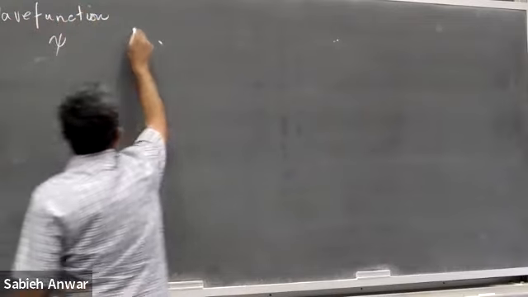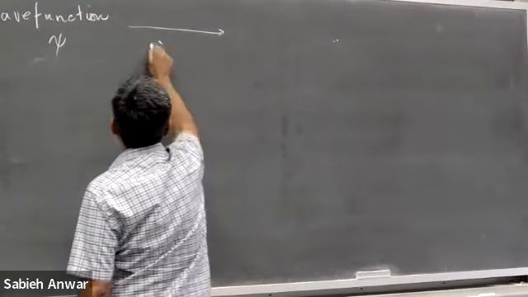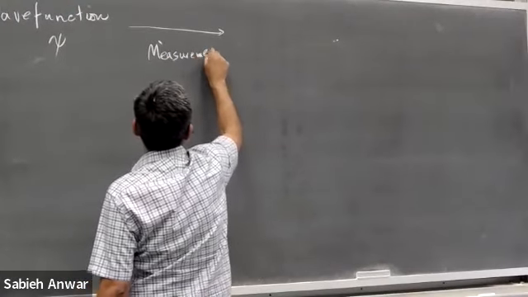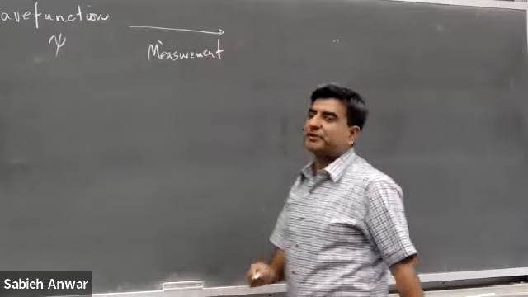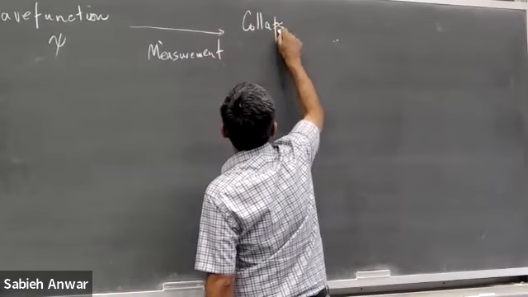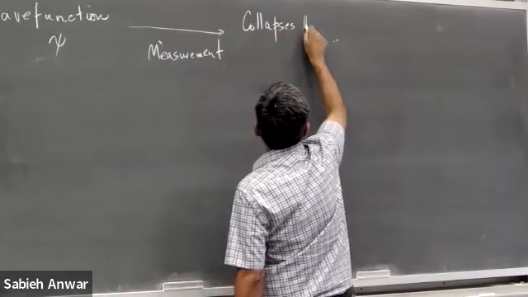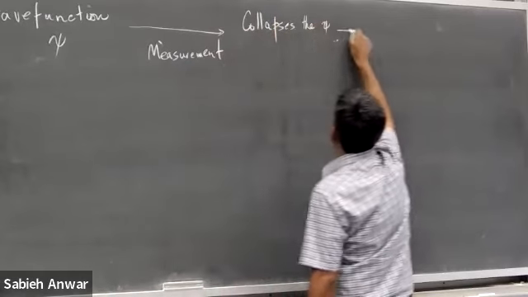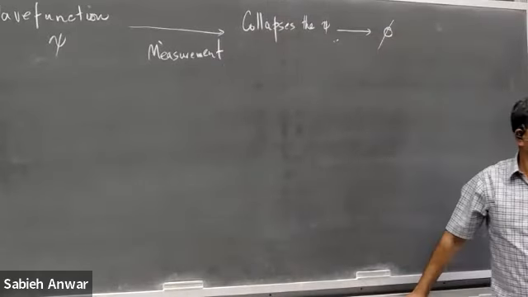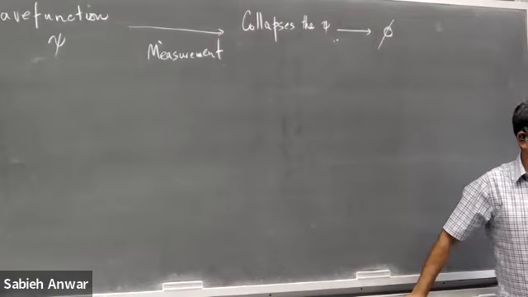We do a measurement. The act of measurement collapses the wave function, and we get a new wave function. Suppose that new wave function is denoted by phi. So the act of measurement creates a new wave function.